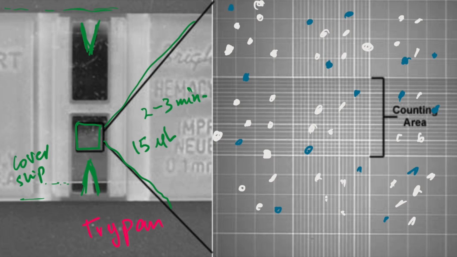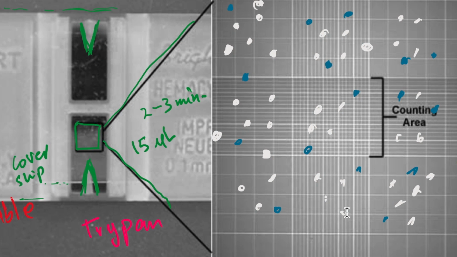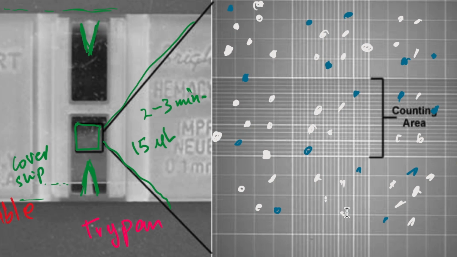That allows us to differentiate between the living cells, which we call viable, and the non-living cells, which we refer to as non-viable.